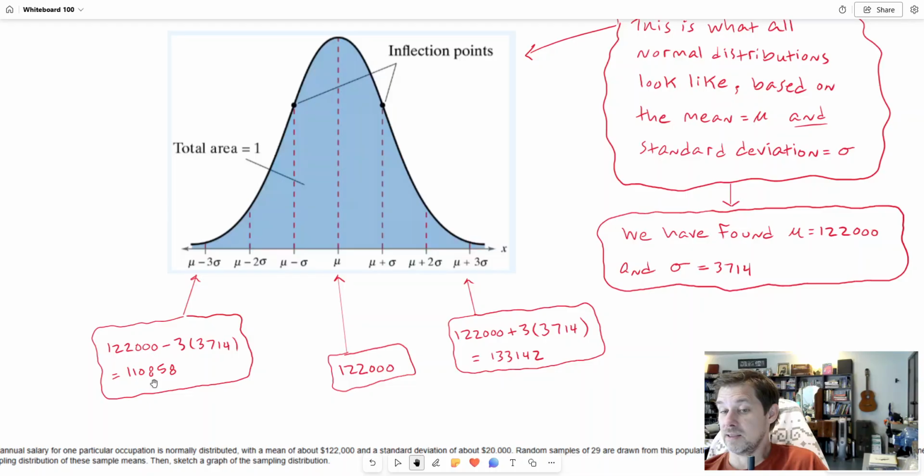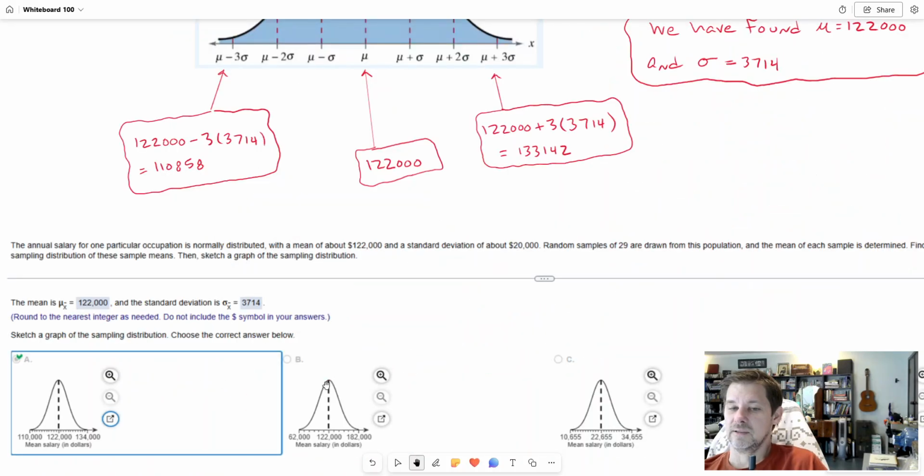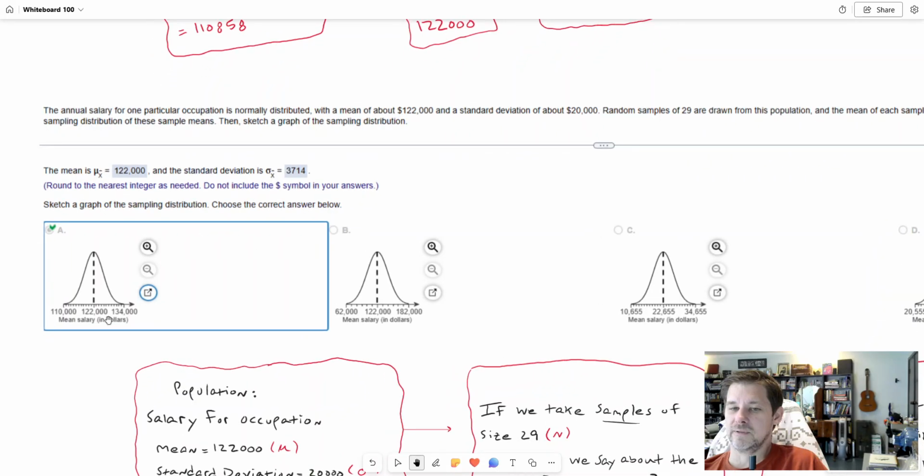So on our graph, this point out here, this tail, this furthest point where the curve has about collapsed onto the x-axis, has got to be about 133,000, and on this other end, 110,000. So which one of these is like that? Which one goes up to about 133,000 there and 110,000 there? Yeah, this one.